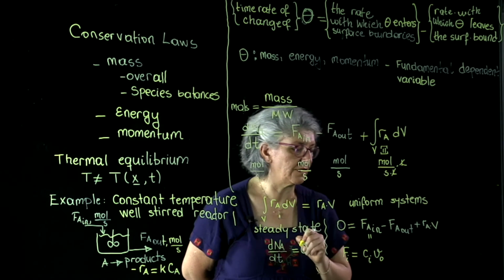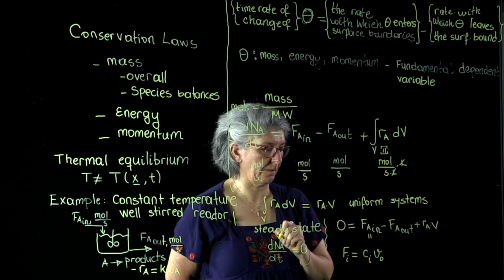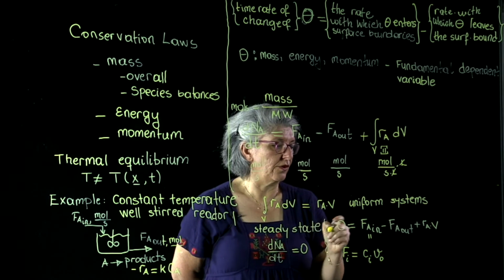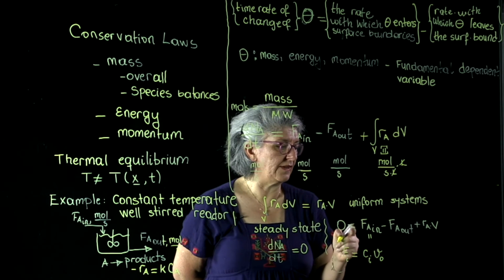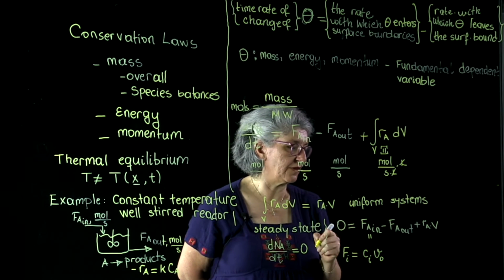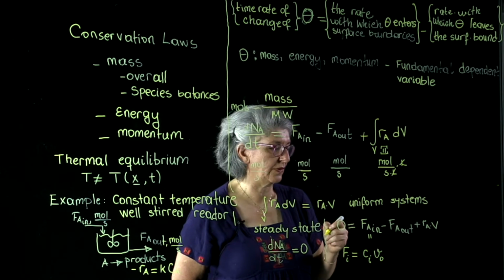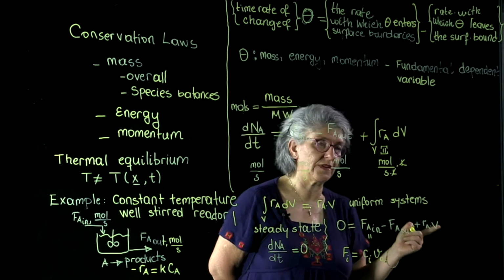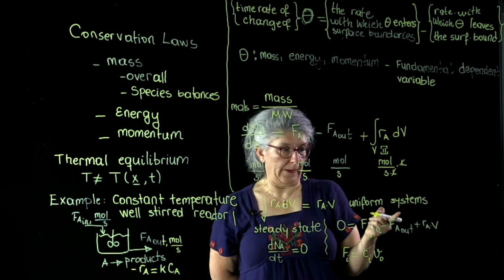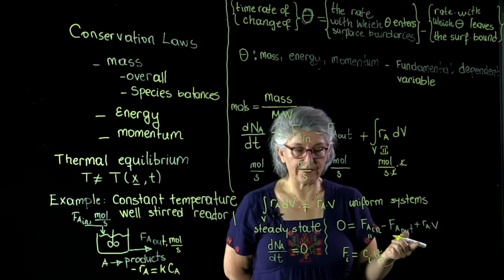I will call it v_0. So F_A in is going to be C_A in times v_0. F_A out will be C_A out times v_0. I will make another assumption here.